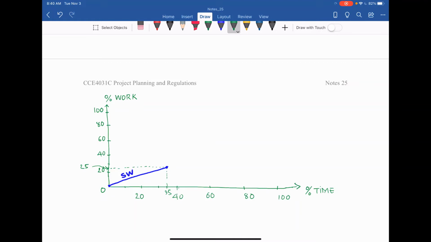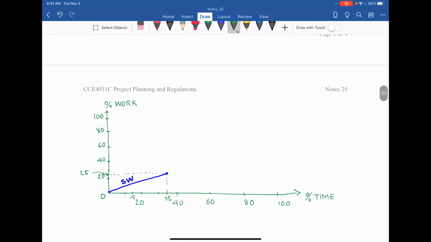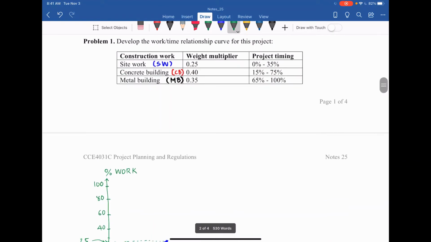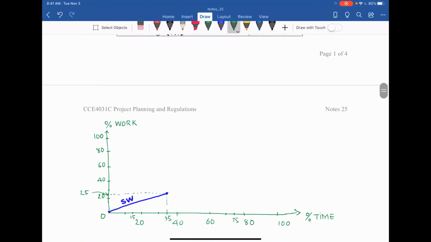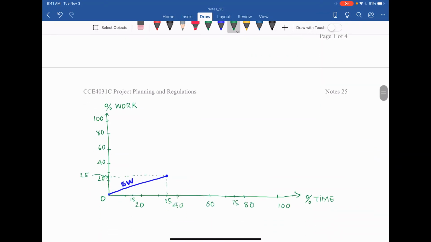We get 15 here, and 75% is between 70 and 80. The additional effort for the concrete building is 40% on top of the site work's 25%. So 25 plus 40 is 65, and we can mark 65 here.